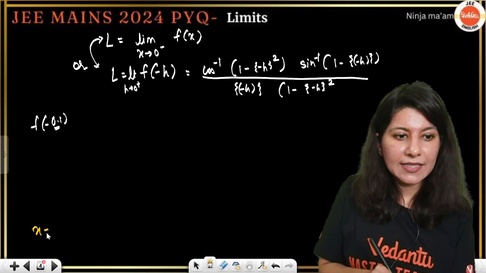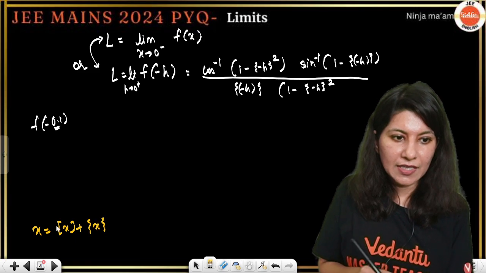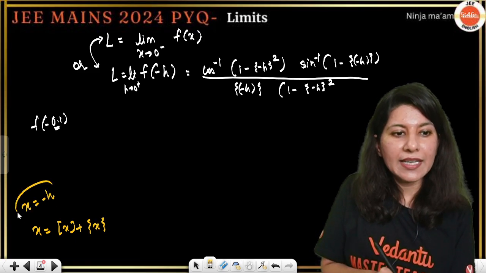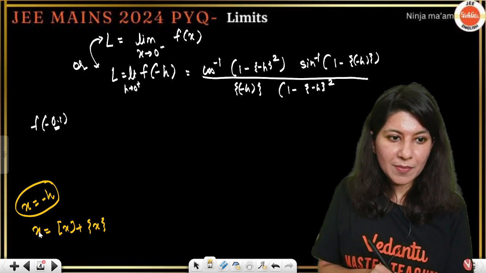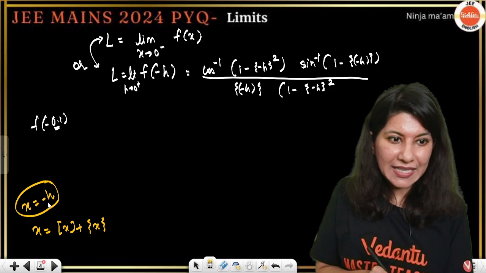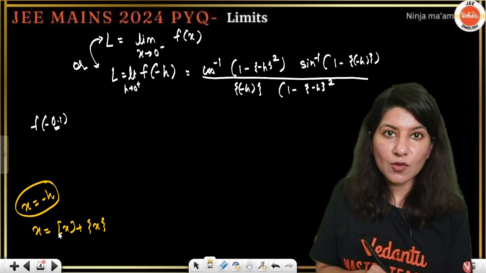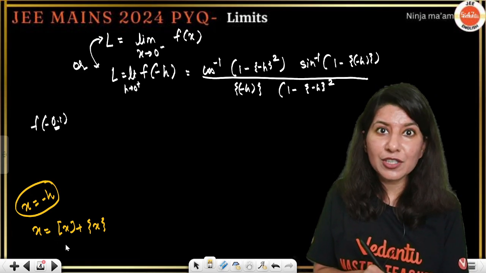You know that x is equal to GIF x plus fractional part of x. If x is equal to minus h, then what will happen? Your fractional part of x will become, for minus 0 point something, your greatest integer function will become minus 1.